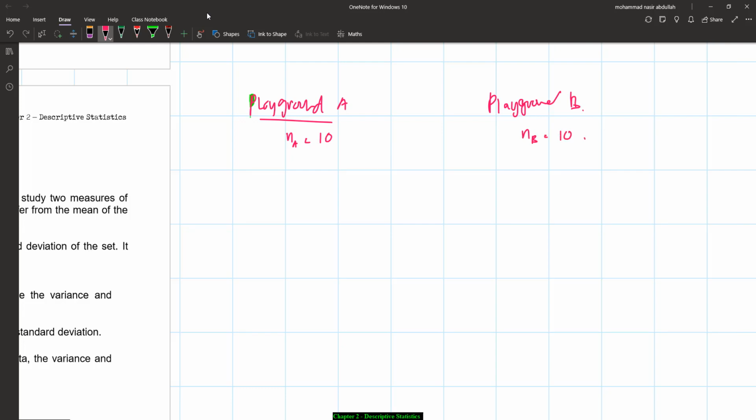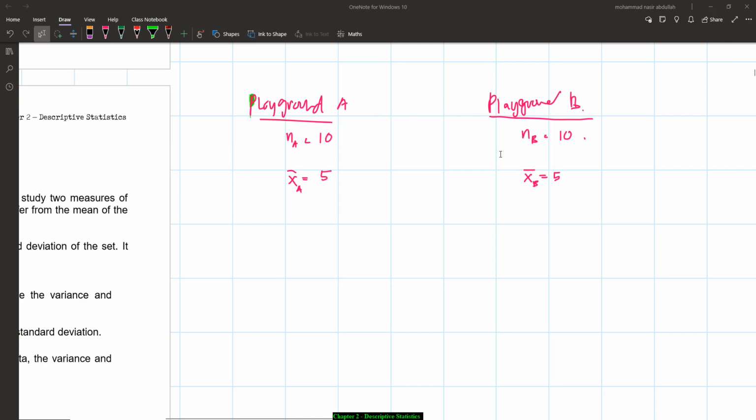I measure the age of the children, and I got X bar A equal to 5, and X bar B also equal to 5. Can we say both playgrounds have the same distribution? Because we measured 10 children, and the mean for playground A is 5 years old, and the mean for playground B is also 5 years old.